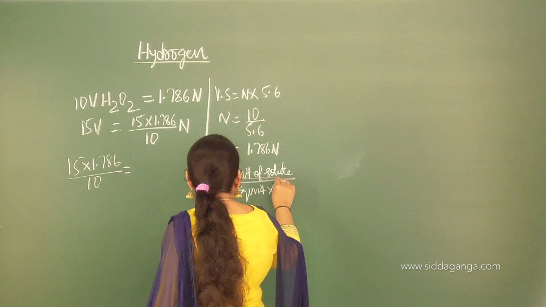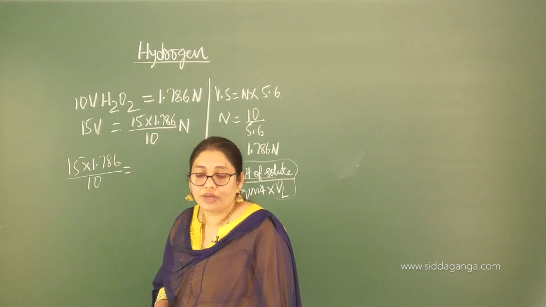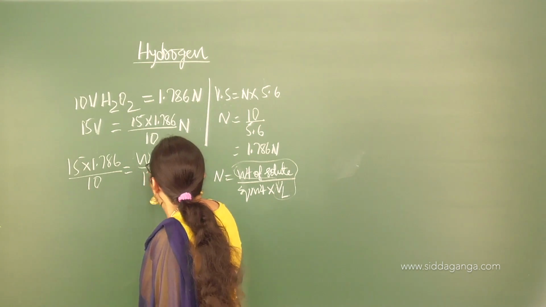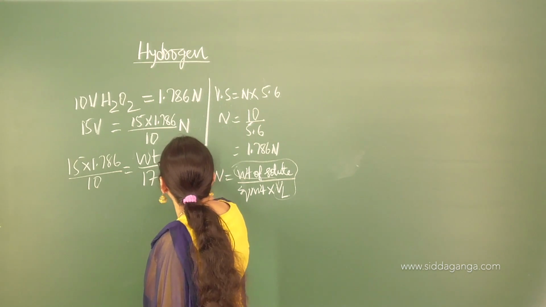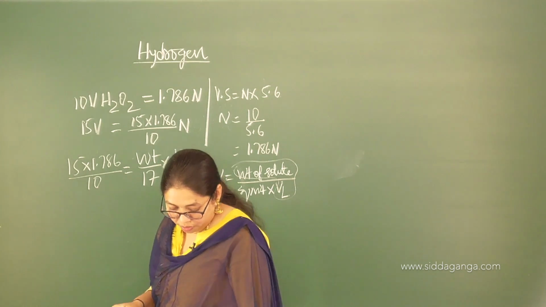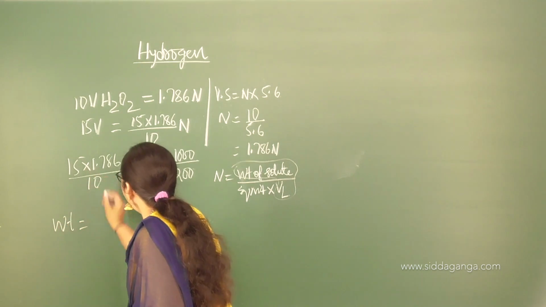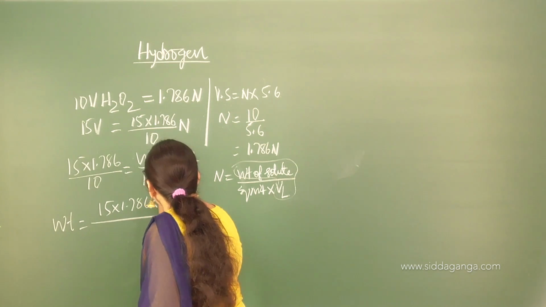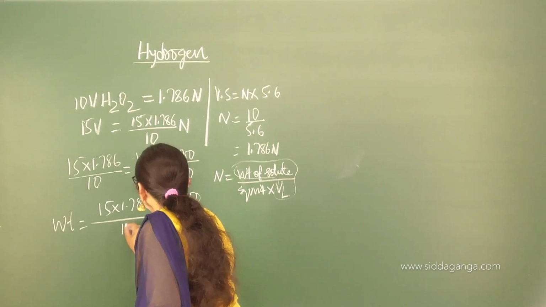So weight is divided by 17, because you have to calculate the weight into volume in liters, that is 200 ml divided by 1000. If you rearrange this, weight is equal to 15 into 1.786 into 17 into 200 divided by 10 into 1000.